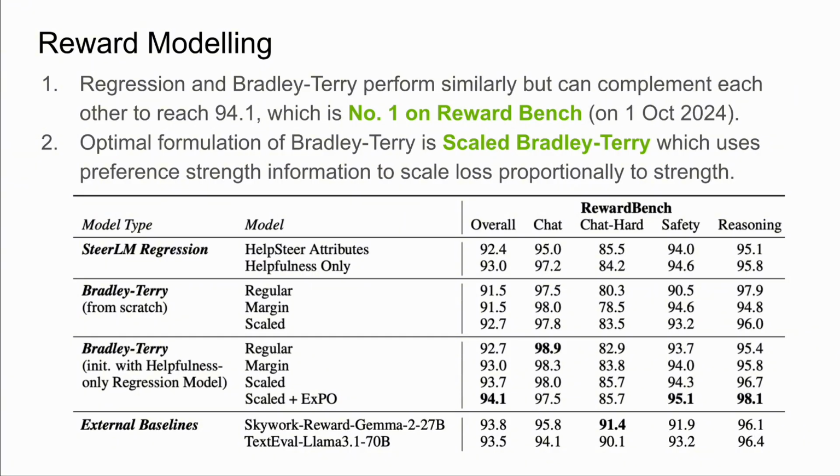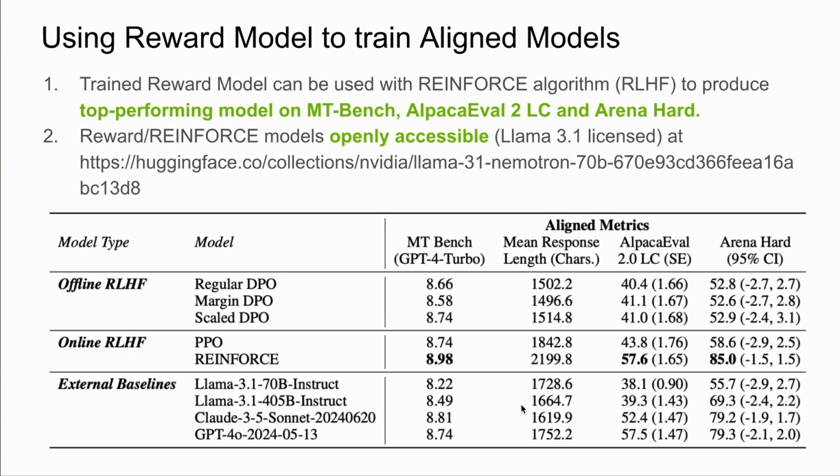So you weigh the responses where it says A is much preferred compared to B maybe 3 times as much as something that says A is slightly preferred to B. And we found that when we initialize a model from SteerLM regression and then further tune it on Bradley-Terry, and also do a separate step, I think called extrapolation optimization, where we take the delta weights and scale them up, we were able to get the best model on RewardBench.